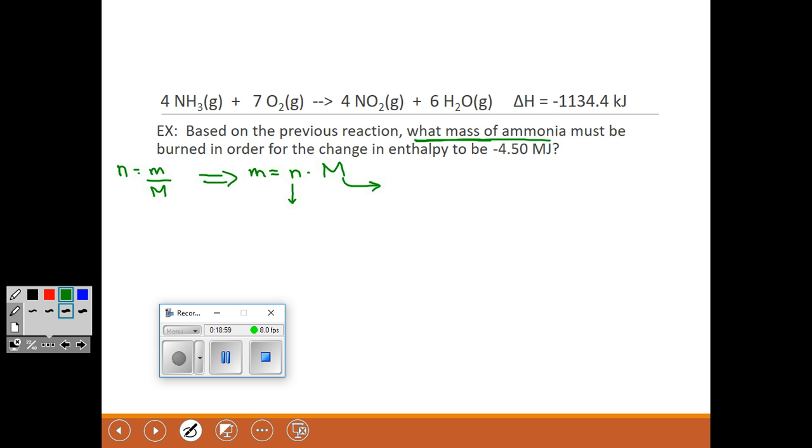We are talking about ammonia, NH3. When you figure out the molar mass, do not use the coefficient. So even though there is a 4 in front of ammonia, that's not part of the molar mass.